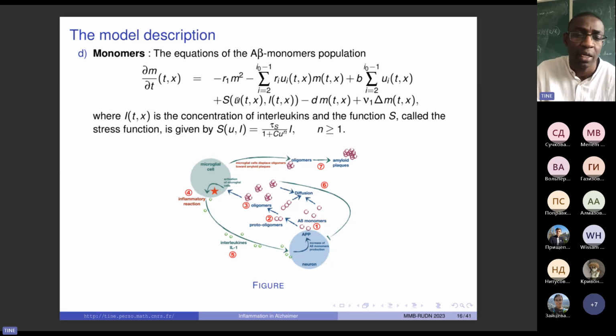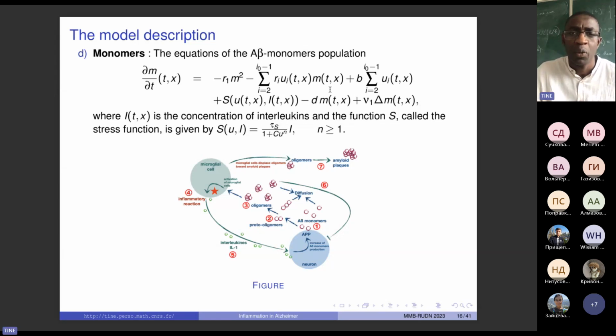That's why here we have a gain term depending on U and I. Now this is a gain term of monomer depending on U and R through the function S, and the function S is just this function here, right?